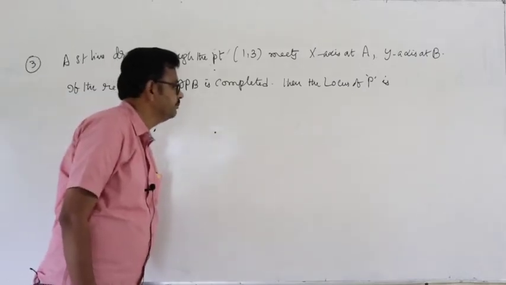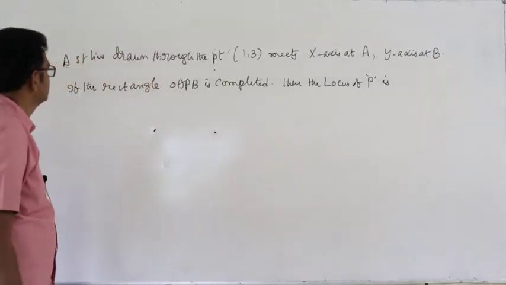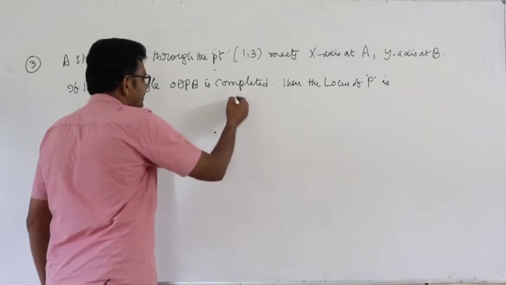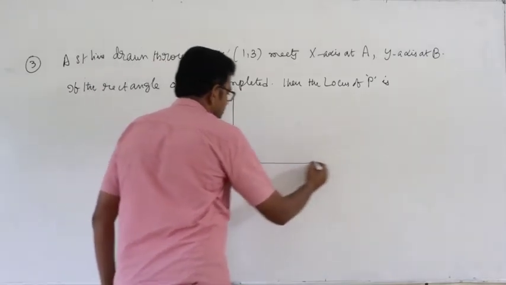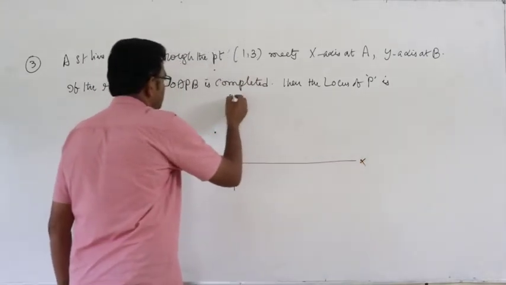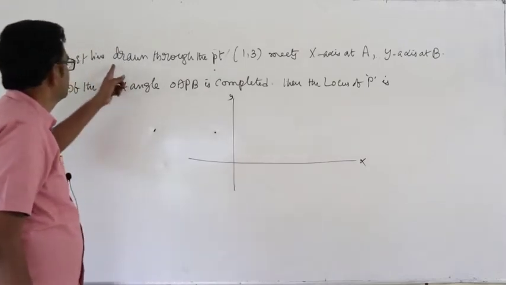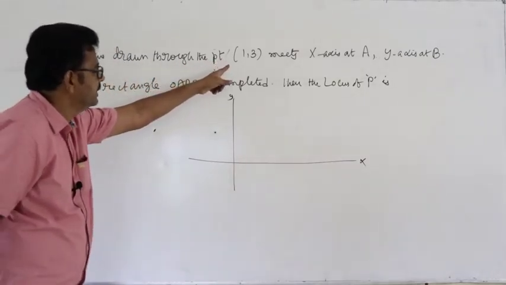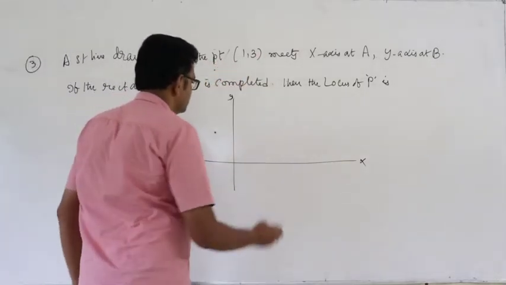The locus of the point P. A straight line drawn through the point 1 comma 3.